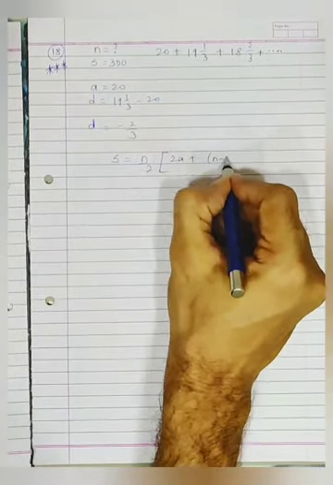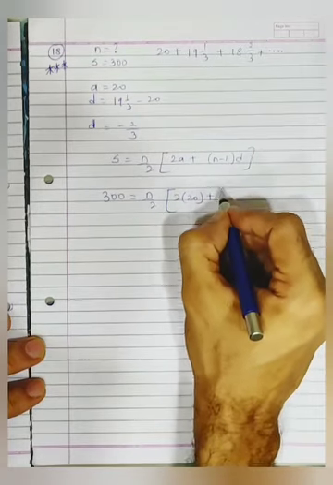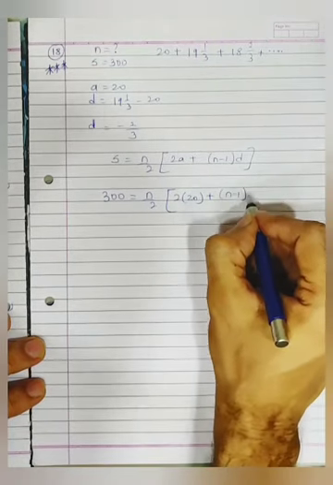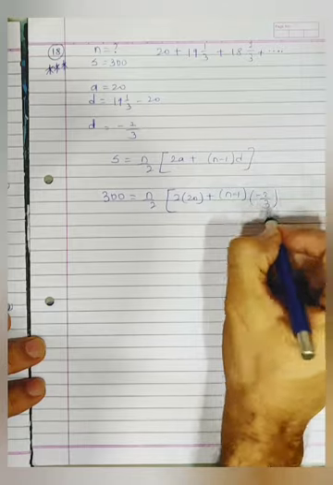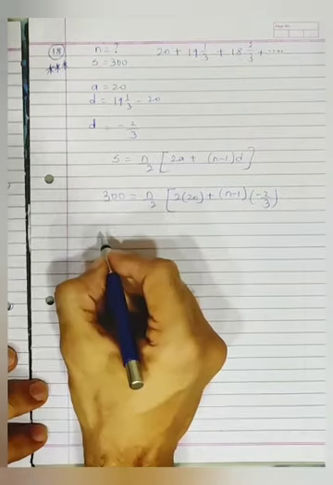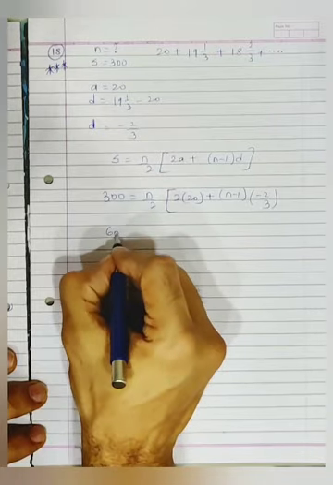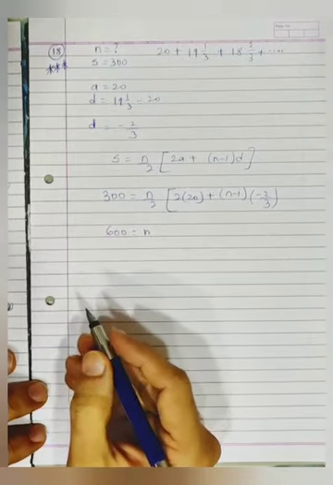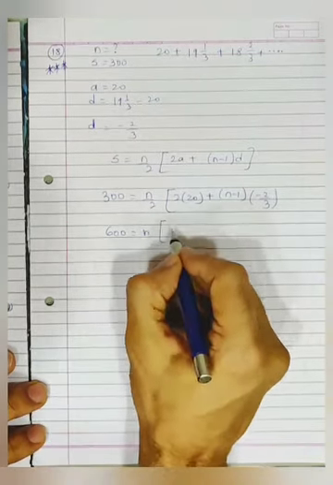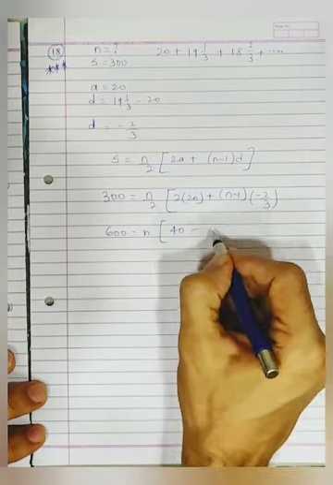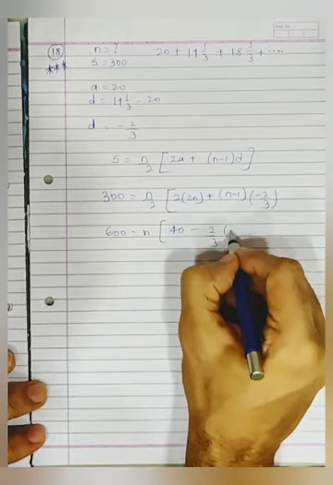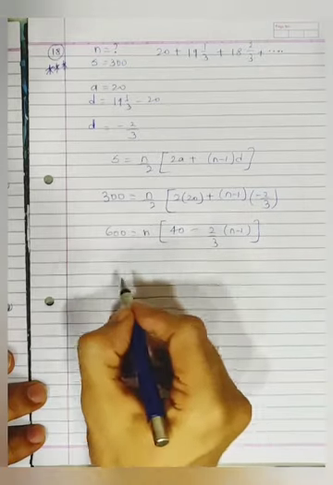So what is the sum now? 300. n we don't know, upon 2a plus n minus 1. What is d? Minus 2 upon 3. So what do we get out here again? We will get here 600 is equal to n in brackets 40 minus 2/3 in brackets n minus 1.